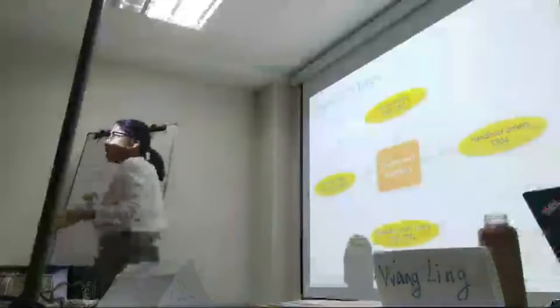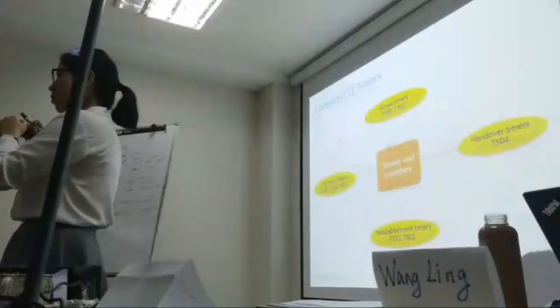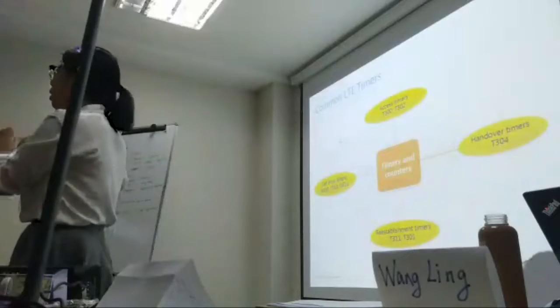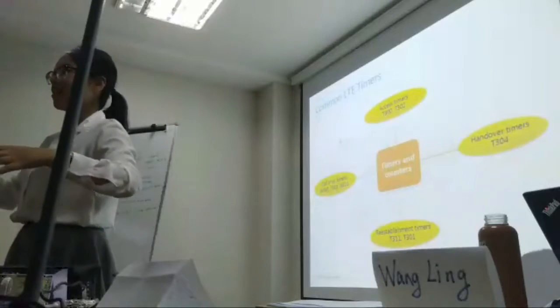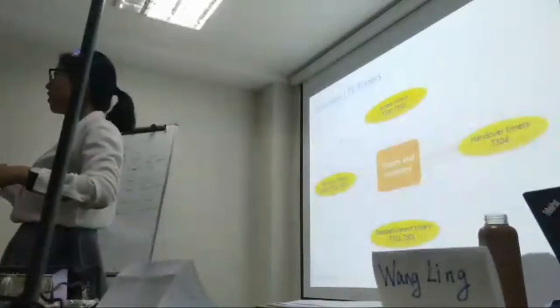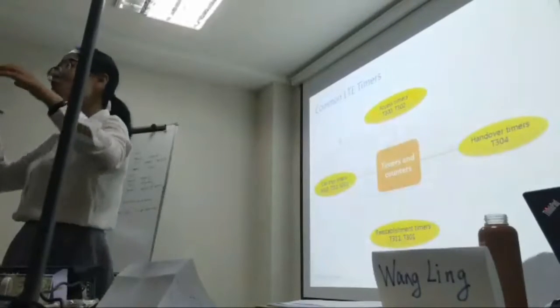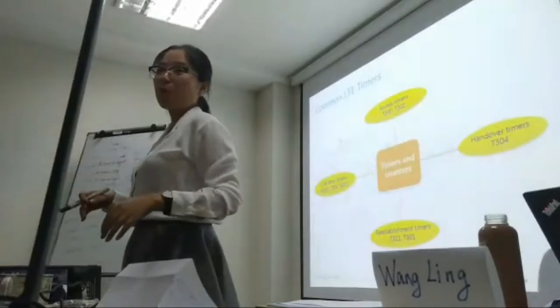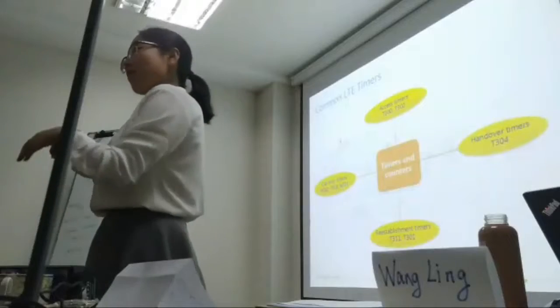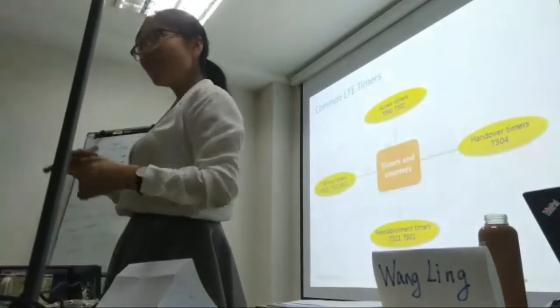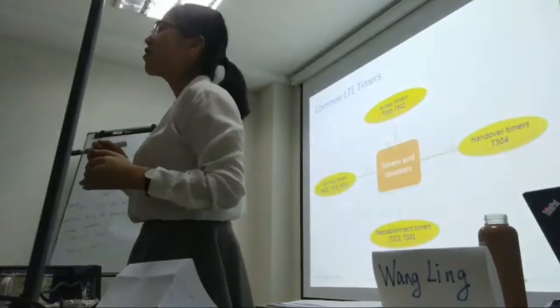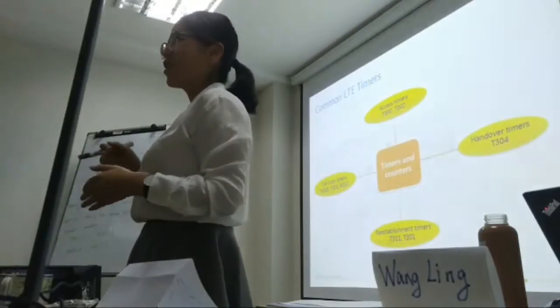So if you set 1, it has some good: the UE is responsive to the channels, but for the KPI it's not very good. From the UE side, it's good. From the network side, it's not very good.